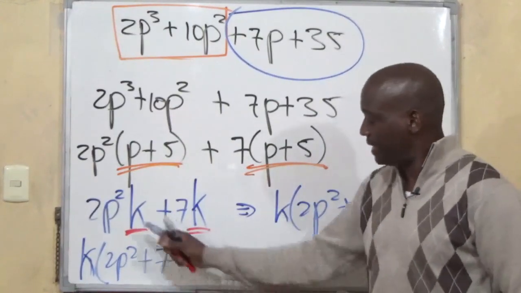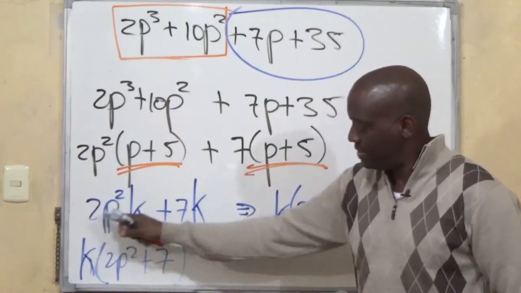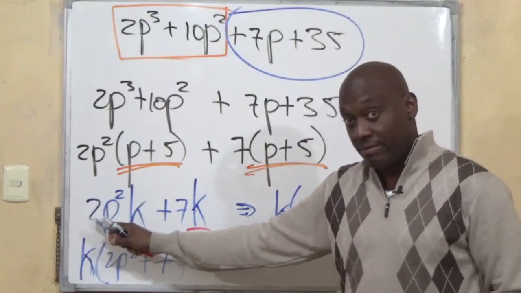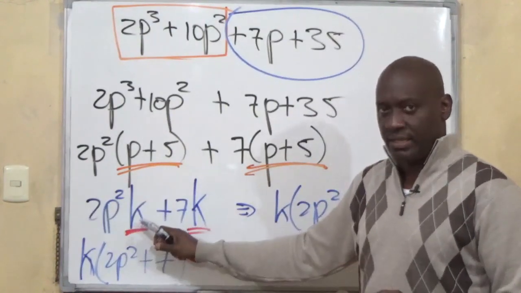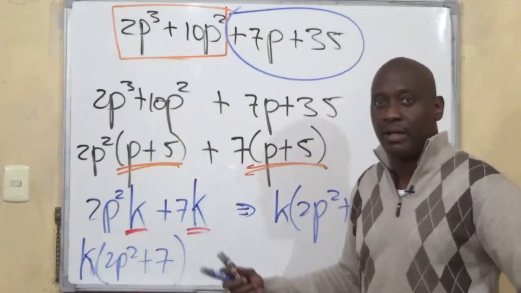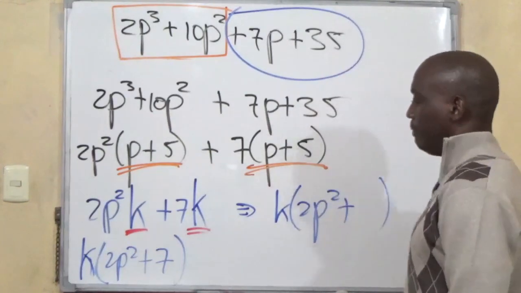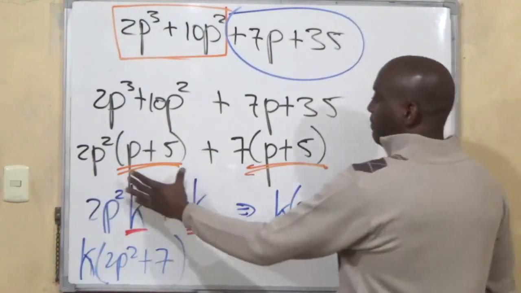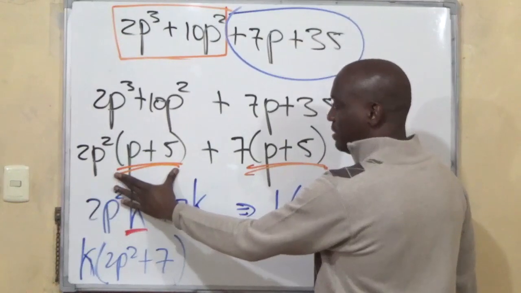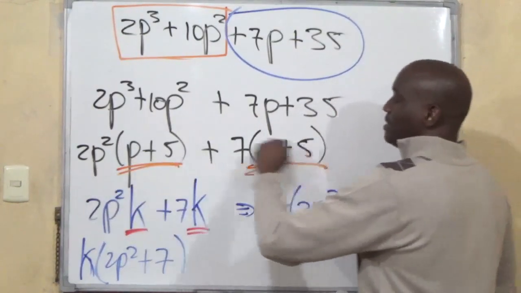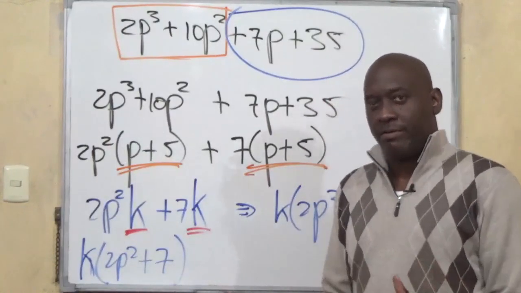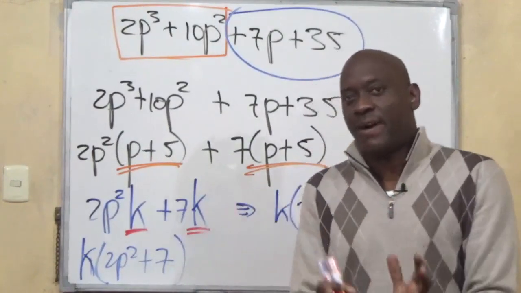So the same way we had k running through this expression as a common factor, one physical entity, the variable k, we have an entire expression now, p plus 5, running through this much longer expression as a common factor.